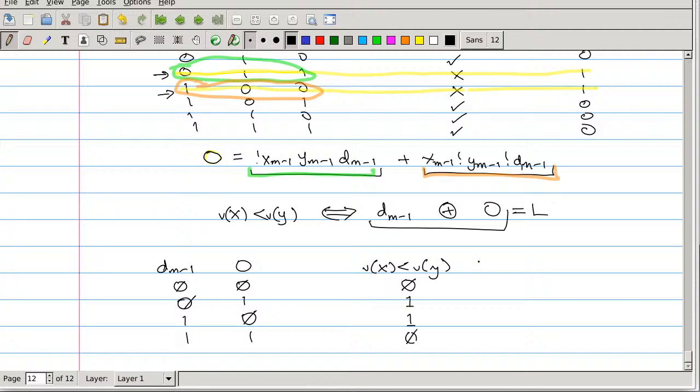And the L flag is basically just that. The L flag is the exclusive OR between the sign flag of the difference and the overflow flag. This is the very last bit, but it is also the conclusion of the entire module.